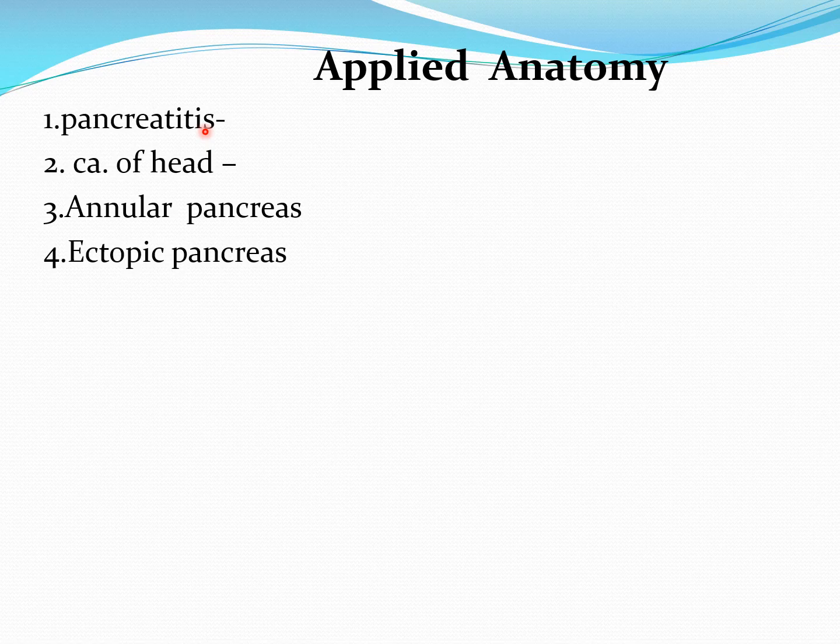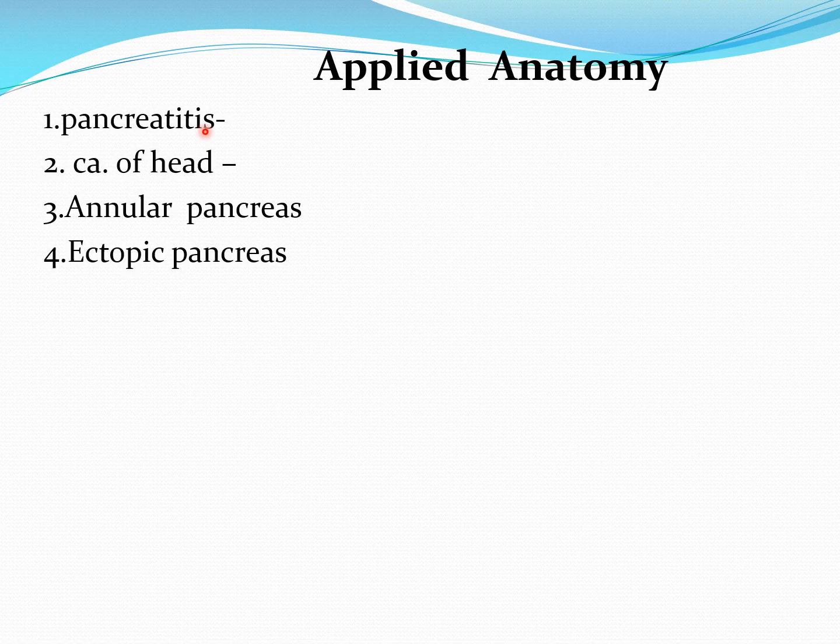It may also enter the bare area of the liver to run forward in the falciform ligament and reach around the umbilicus. In acute pancreatitis, it may cause gastric stasis and vomiting. The autonomic supply to the midgut may be affected, resulting in paralytic ileus. So this is pancreatitis.